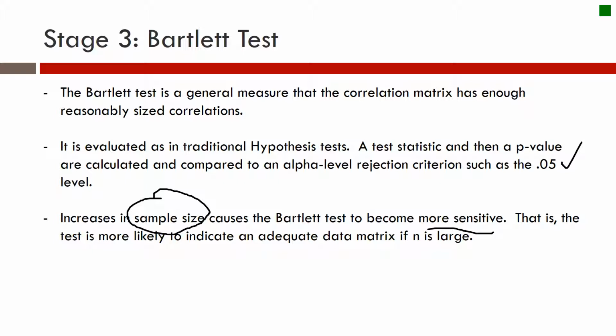However, the larger the N is, your practical significance will decline. So, for instance, if you have two variables that are correlated at 0.10, that's not very strong. A 0.10 correlation is fairly weak.